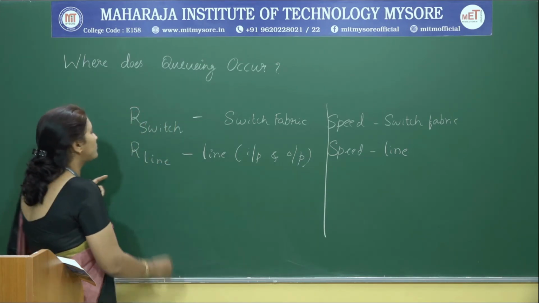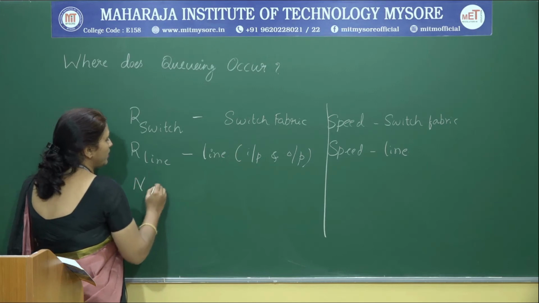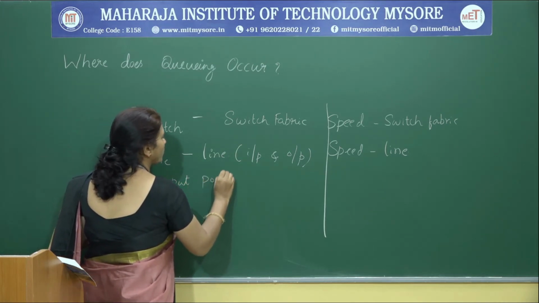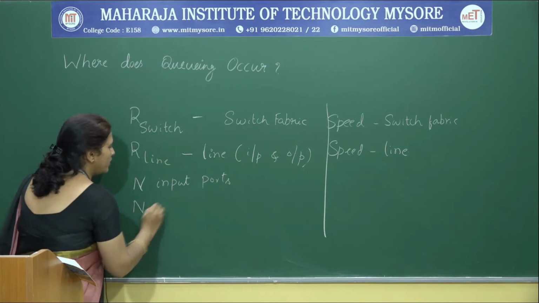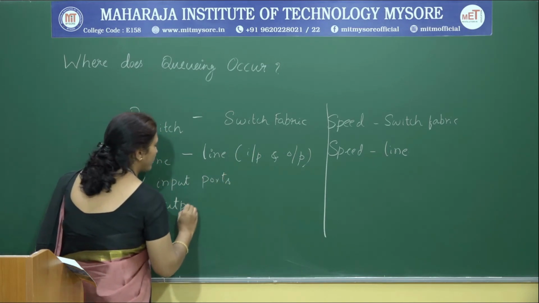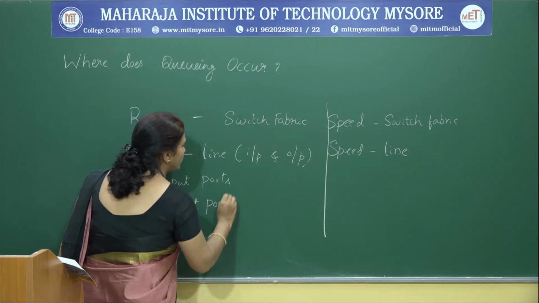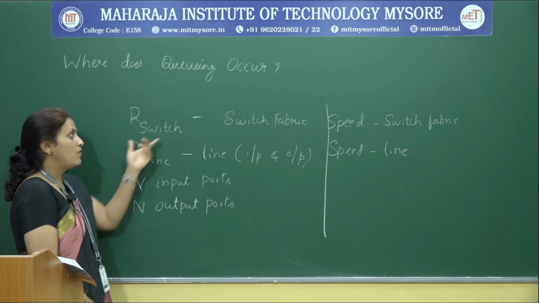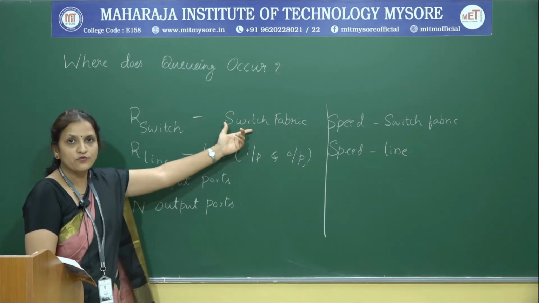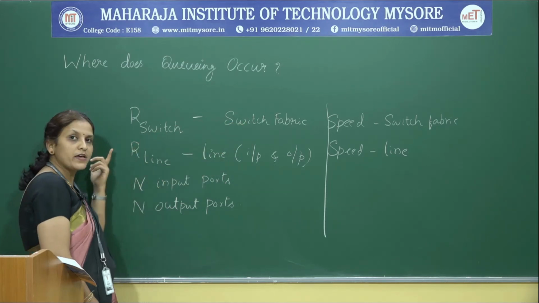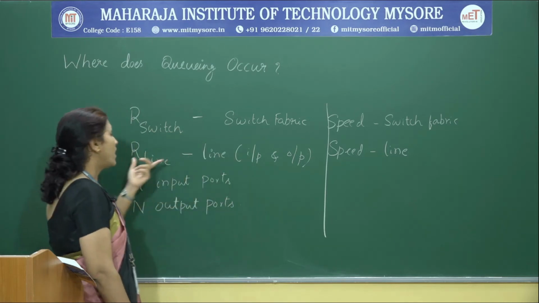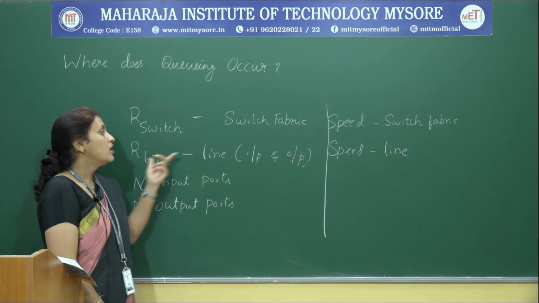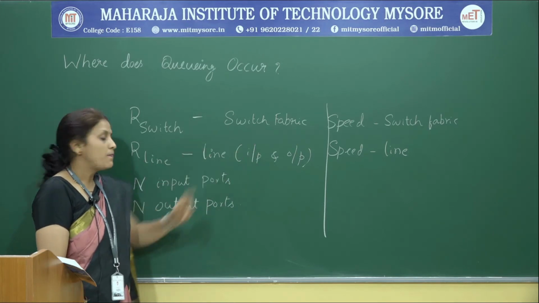N input ports are there and we have N output ports. This is the scenario which we are considering. We have R switch, the rate at which the switching fabric is switching packets from input port to output port, and R line, which represents the transmission rate with which a line is transmitting a packet through it.